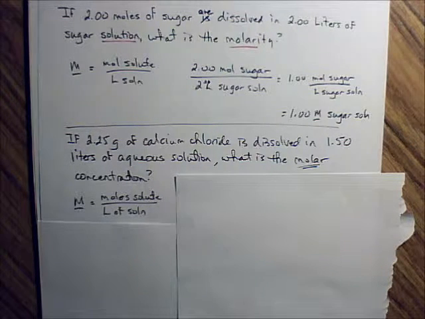What do you have to do to go from mass to moles? Molar mass. Exactly. Do it. Find the masses of all the atoms in the formula, put them together, make sure you write the equality statement at the end, and do the conversion.